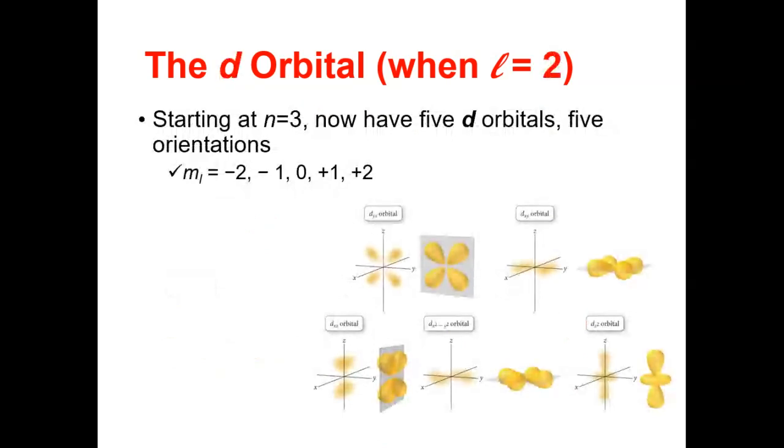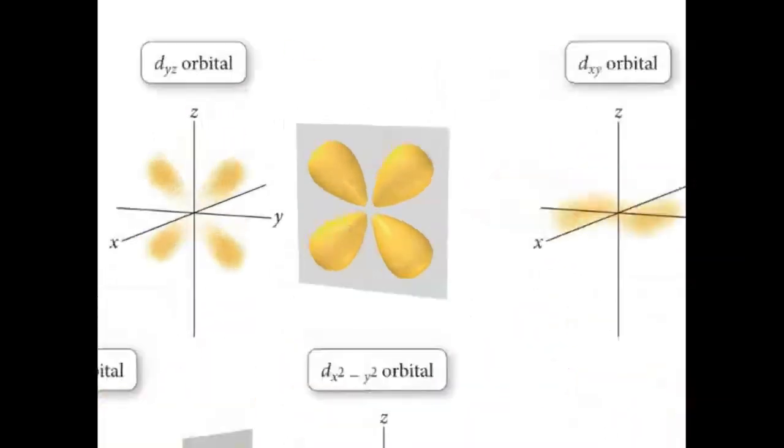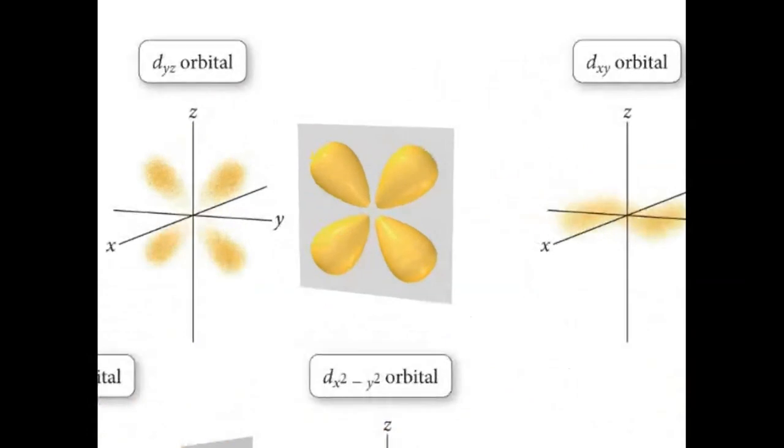Okay, here's our d orbitals. We have what's known as a dyz orbital, where the regions of space are in between the y and the z axes. You are not expected for my class to be able to draw or sketch these, or probably even at this point really use the individual designation.